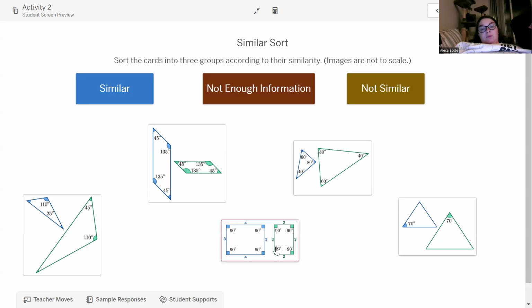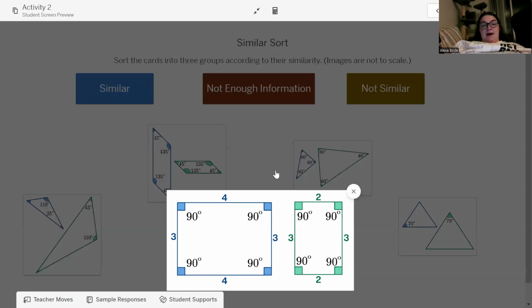So one of the things that we need to look at is these two quadrilaterals. If I look at my first quadrilateral, the rectangles, we have the angles that are the same. We automatically know that is needed in order for them to be similar. We also need to know that the side lengths have the same scale factor.